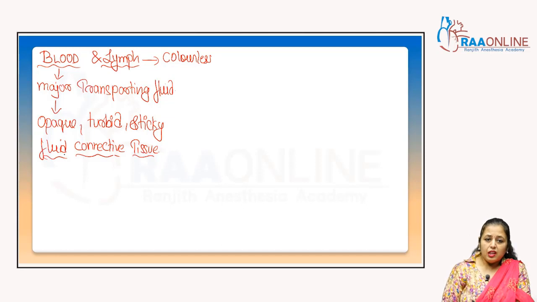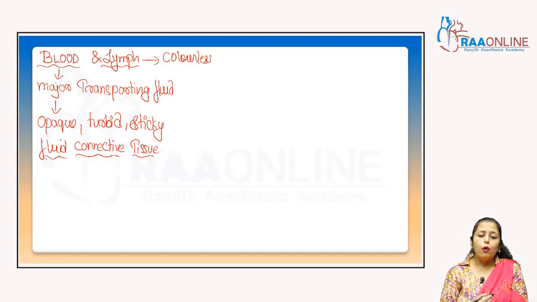Through the blood, all the nutrients are transported. The hormones are transported through the blood. It also helps in the distribution of heat uniformly all over the body. The transport of oxygen and carbon dioxide occurs through the blood.